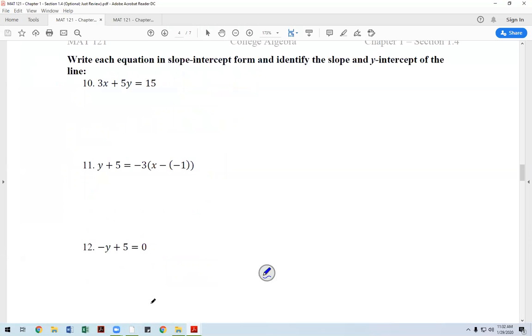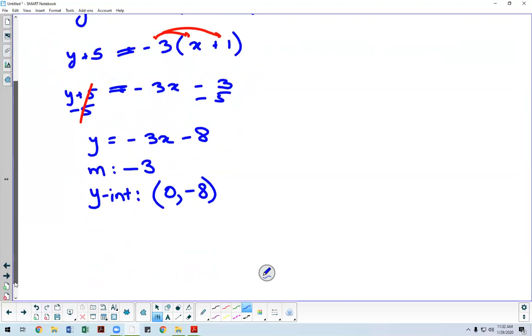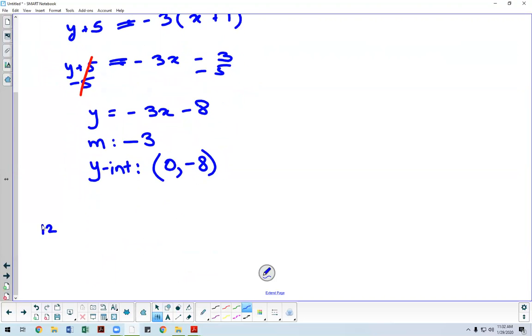Okay, what do you think is going to happen on number 12? Negative y plus 5 equals 0. What will you do to get y by itself? Subtract 5. Subtract 5, very good.